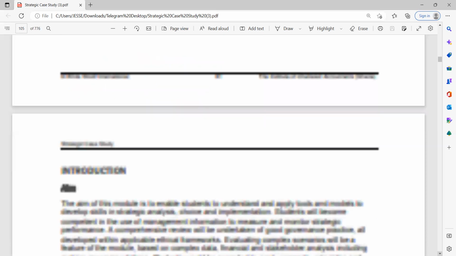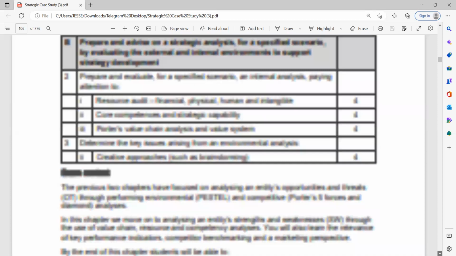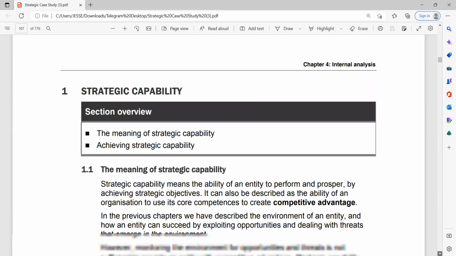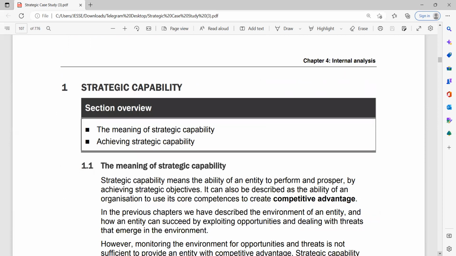Now, when we talk about internal analysis, what exactly do we mean? We are looking at a company's internal environment. Now, there are two fundamental environments. One is the internal environment, and the other is the external environment. So the internal environment is looking at what pertains inside the company, right?